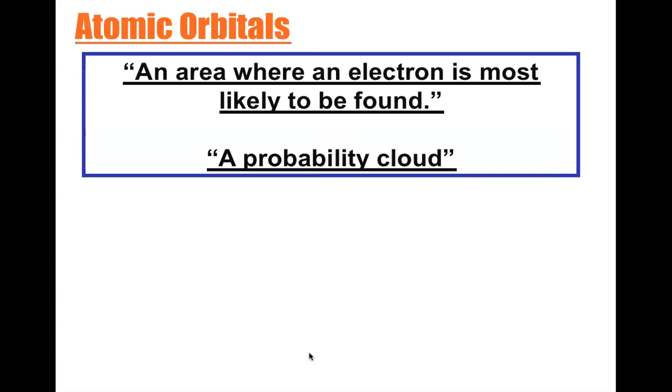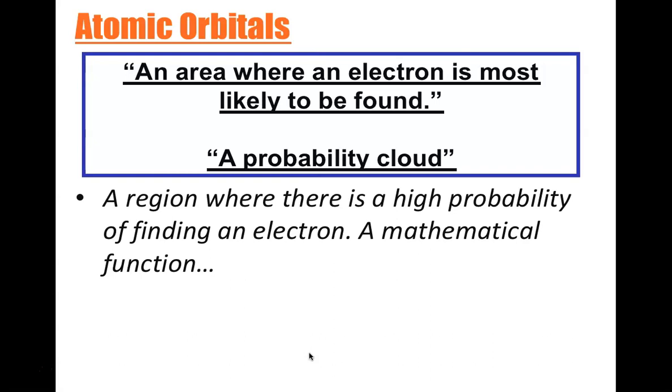So it's basically an area where an electron is most likely to be found, or a probability cloud. So obviously it's not guaranteed, but it's of high probability. Approximately, these mathematical functions which support the atomic orbitals represent a 90% probability. So it's a pretty good chance, but again, not a guarantee.